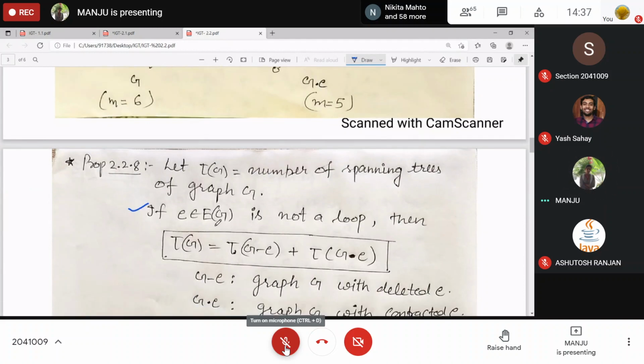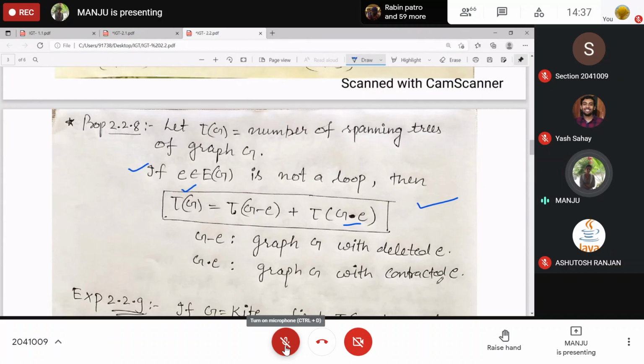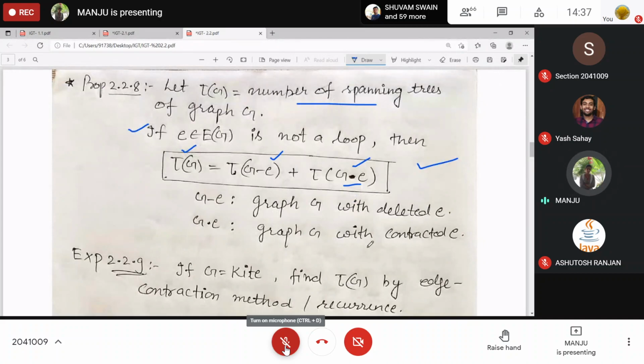The number of spanning trees is denoted by tau of G. Tau of G equals tau of G minus e, the graph with the edge removed, which makes it easier to find spanning trees and can be applied recursively, plus tau of G dot e, the graph with the contracted edge. These two graphs are simpler than G, so it is easy to find the spanning trees for them. That's why we use this contraction method.